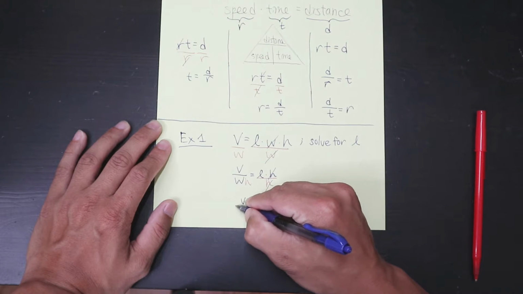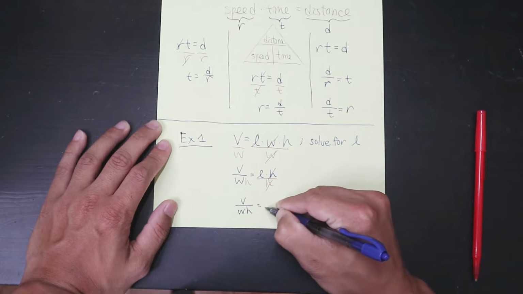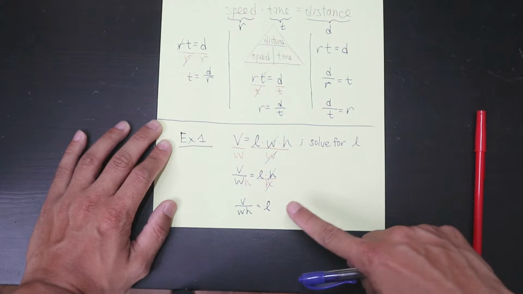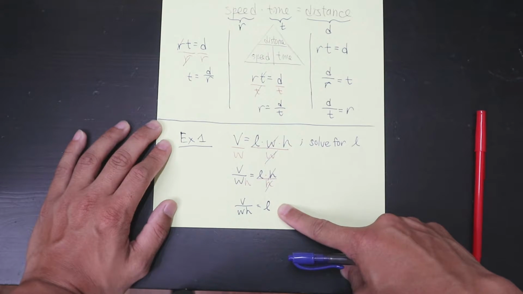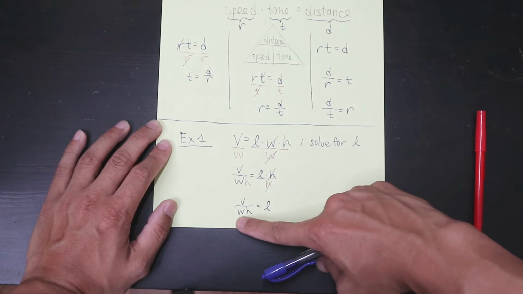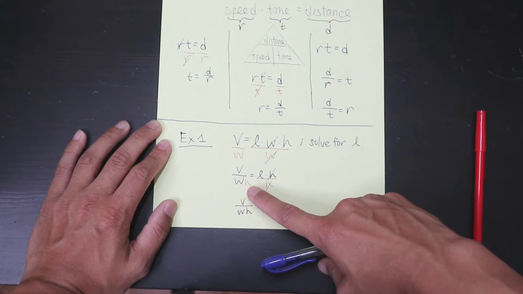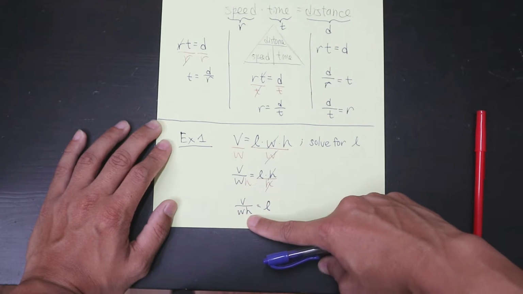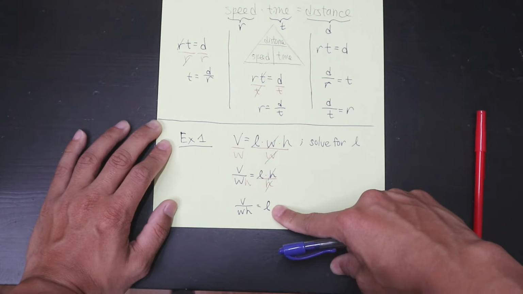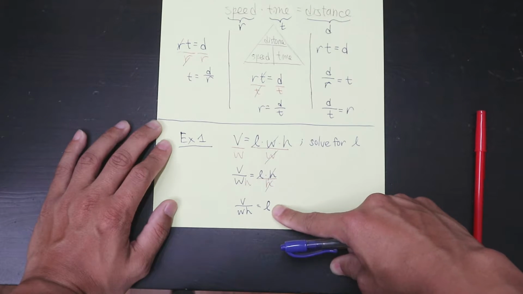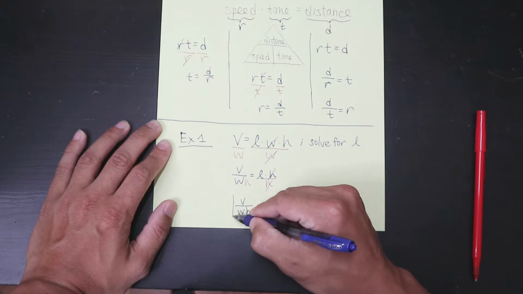So you're left with V divided by W times H is equal to L. That means to find the length of the prism, all you have to do is multiply the width and the height, and whatever the product is, you take the volume divided by the product, and that way you could find the length of the prism. And this is your final answer.